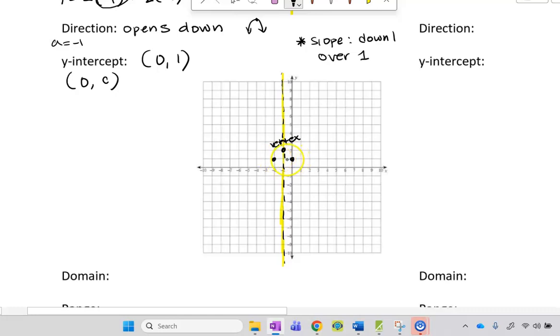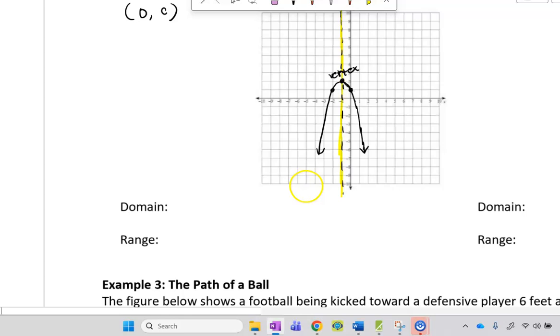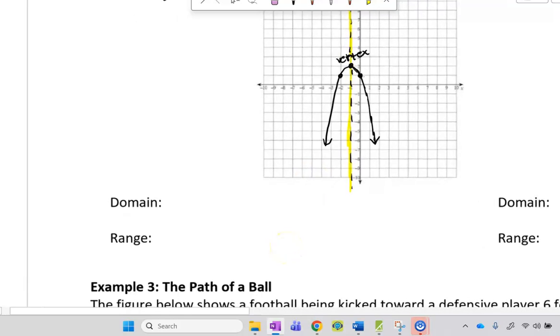So if I just go 1 over on the other side, I get a new point. And my slope actually isn't going to help me. Down 1 over 1, I already have points there. So I'm ready to connect this thing. That's the best I can do. You could get more points by making a table, and it would be more accurate. But this is kind of a rough sketch with some of the main features.